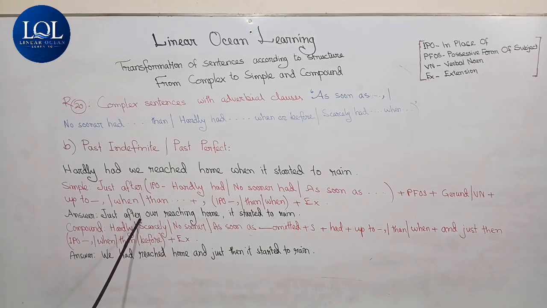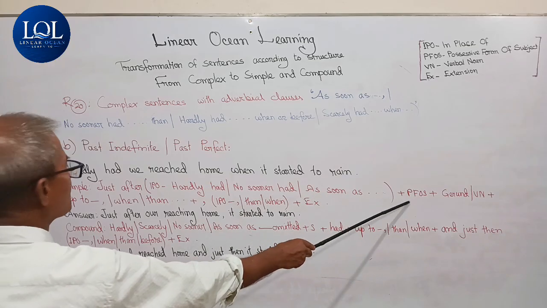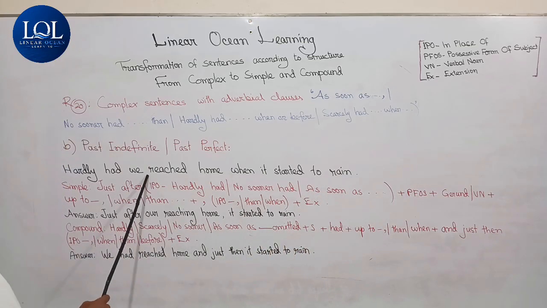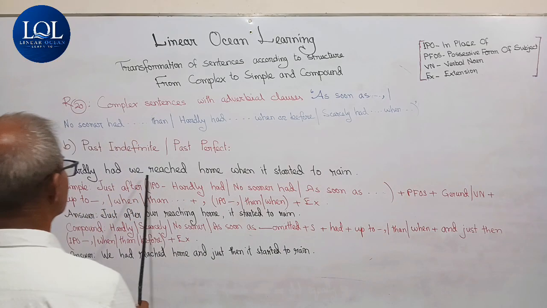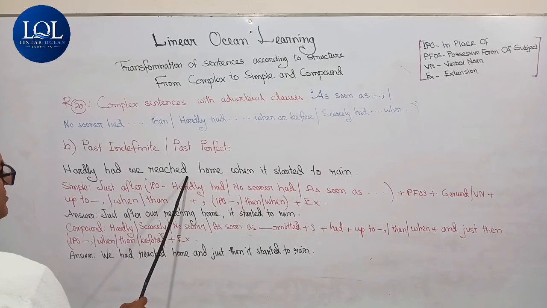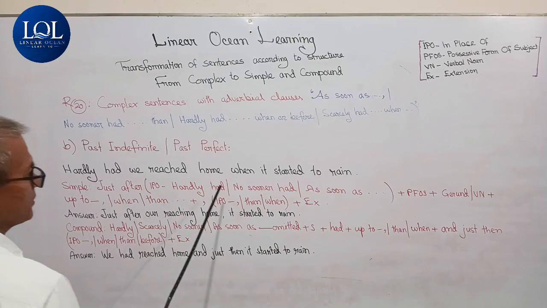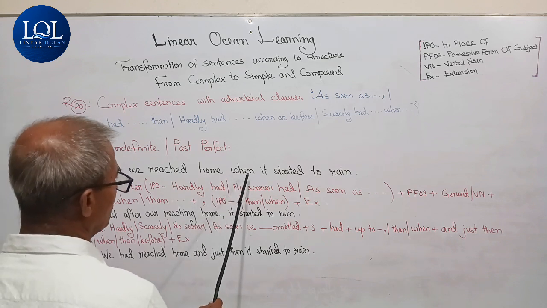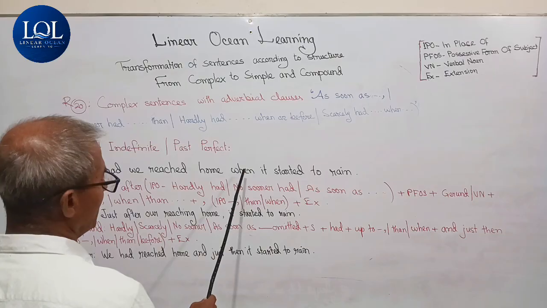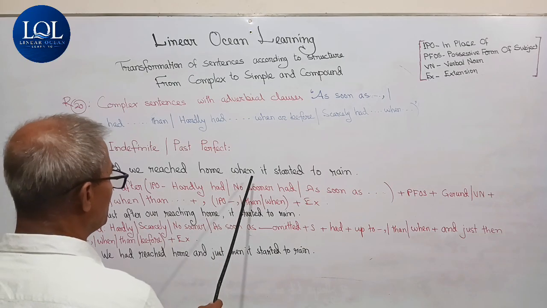That means in place of hardly had or no sooner had, scarcely had, or as soon as, we have to write just after plus possessive form of subject. Here the subject is we and its possessive form will be our, plus gerund or verbal noun in place of verb. Here the verb is reached and its gerundial form is reaching, plus up to when, comma, or than, or before.